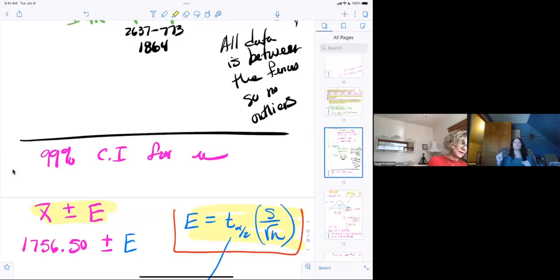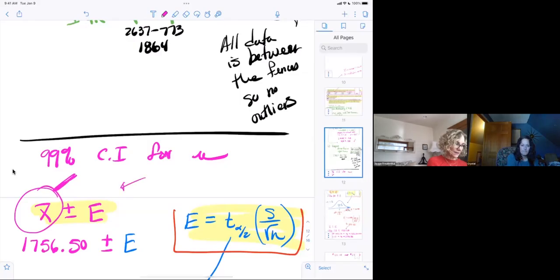If the sample mean stays the same, then the error is what changes. So the more confident that you are, the bigger this number will be, because you're adding a bigger number and subtracting a bigger number, making it a wider interval. So the more confident, the wider the interval will be.